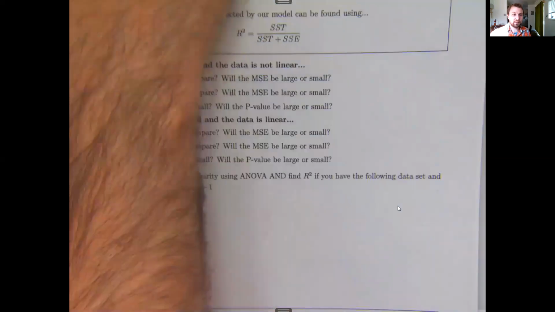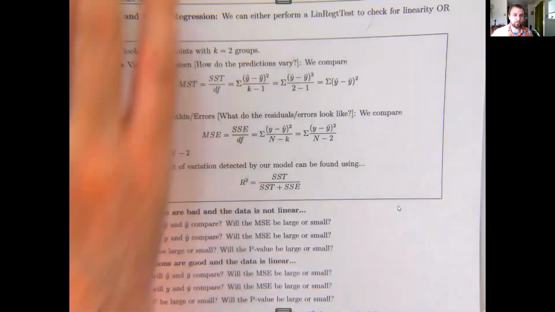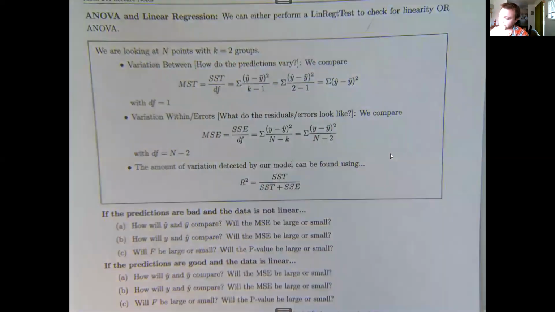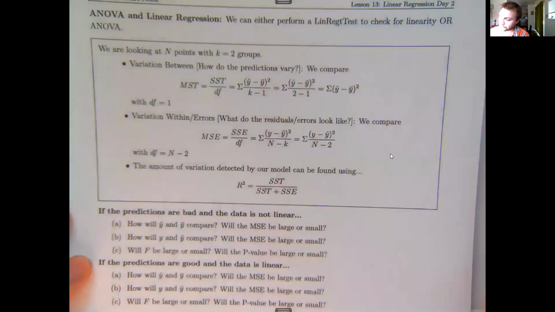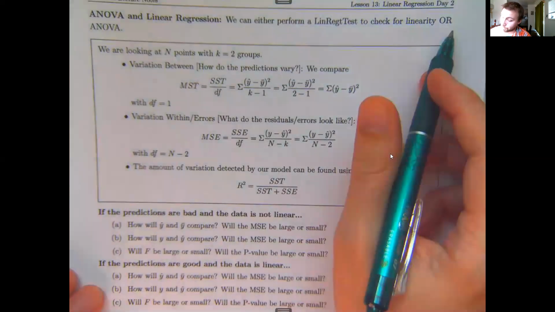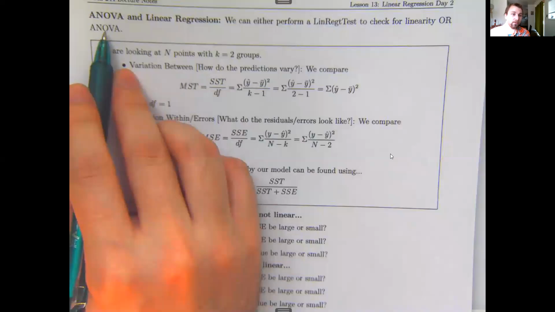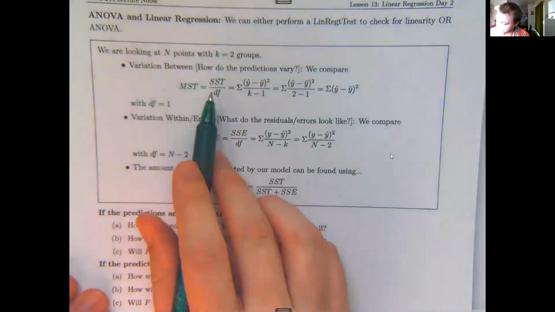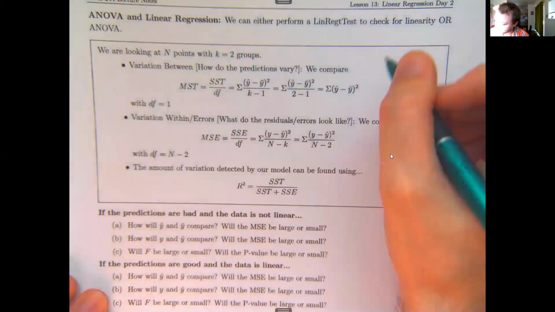Let's try taking another look at this and seeing what's going on with the relationship between the two, but I have a little bit of summary between them. So Anova and linear regression. You can either perform a linear regression t-test to check for linearity, or technically, you could use Anova to check. My mean square of the treatment is telling me how my predictions vary.